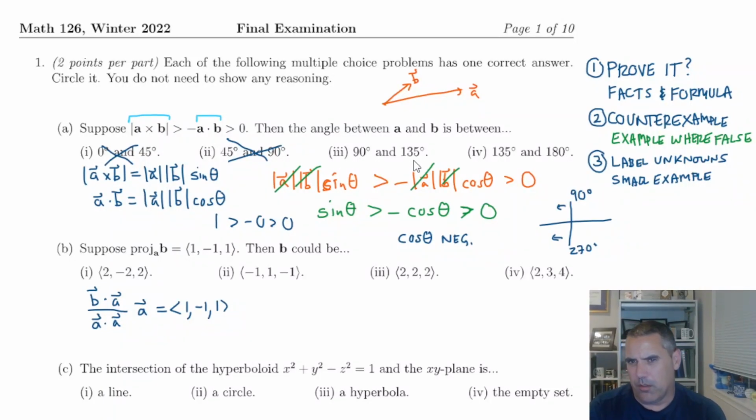You could plug in 135. You could plug in what would be a nice value in between 150 and C. So what else can I say here?